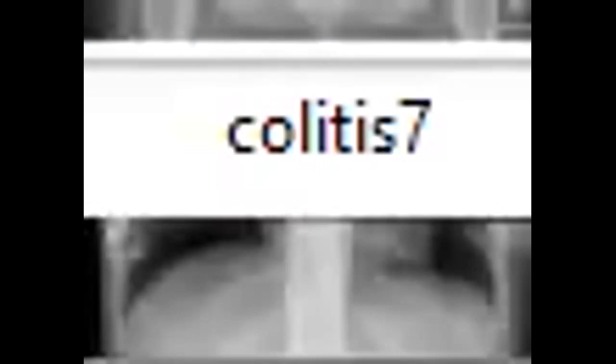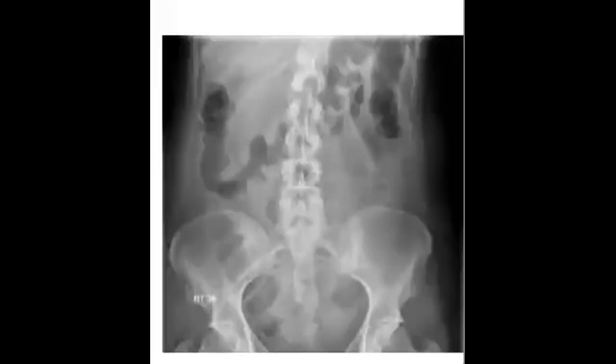Just I want to show you more examples of this appearance, last 3-4 minutes. So this one, the colon with thickening in the wall, thumb printing is colitis.